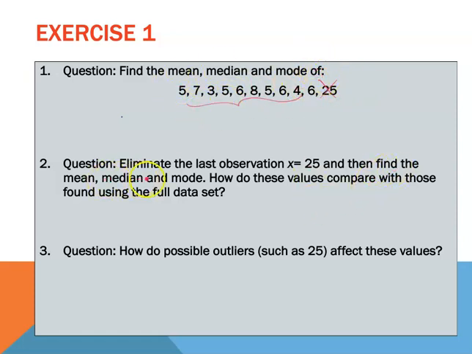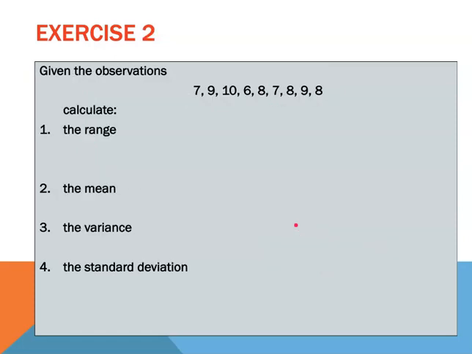Then find the new mean, median and mode. How do these values compare with those found using the full data set? So it's asking you to compare the mean, median and mode between number 1 and number 2. Then question number 3: how do possible outliers such as 25 affect these values? Remember, I told you if we have extreme values, who is most affected, who is not affected? Do you remember that?